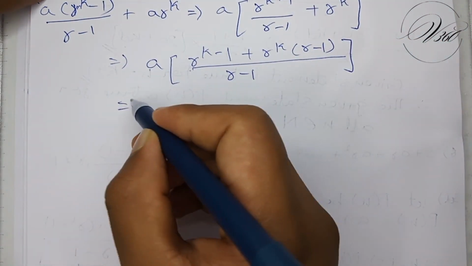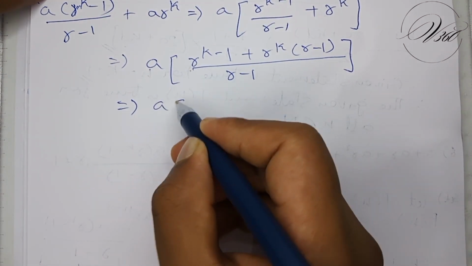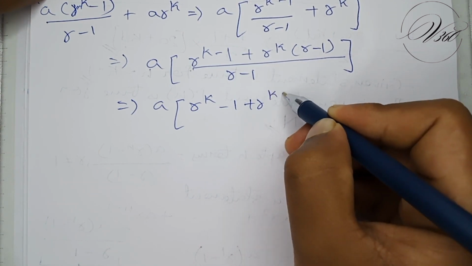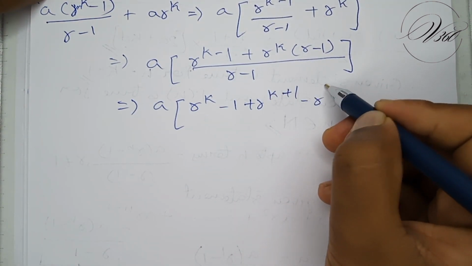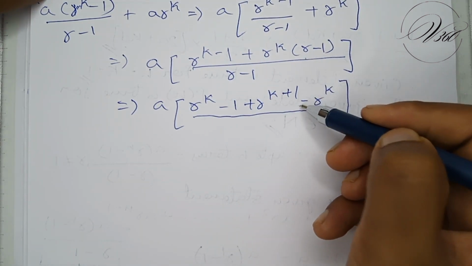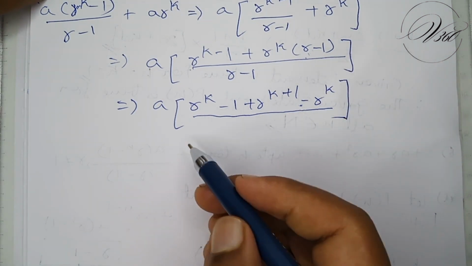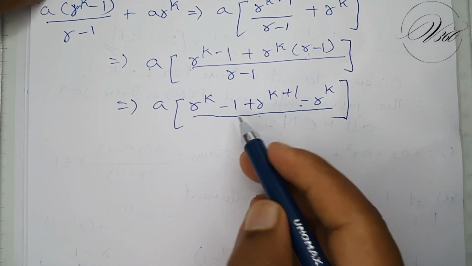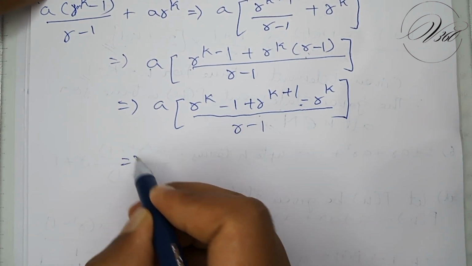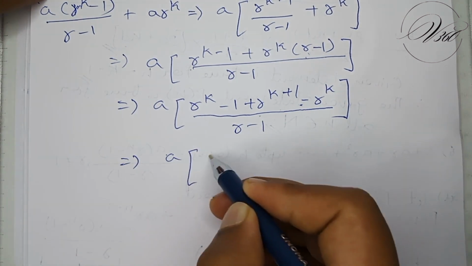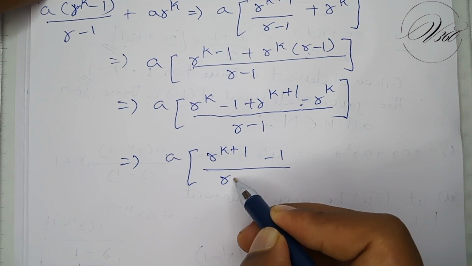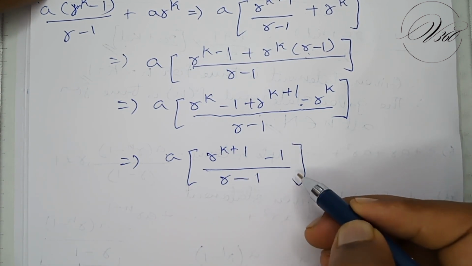Now we'll get a of r to the power k minus 1 plus r to the power k plus 1 minus r to the power k. Here opening the brackets. These were the brackets which we had before. Now we have opened them and we got this, and then we will get r minus 1, which implies a of r to the power k plus 1 minus 1 by r minus 1.